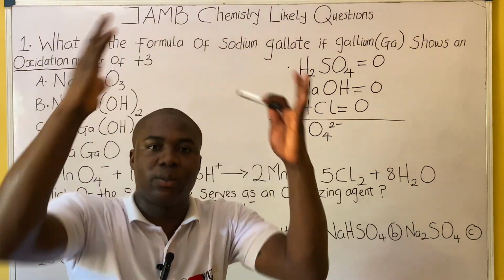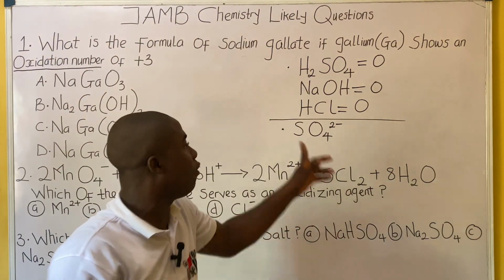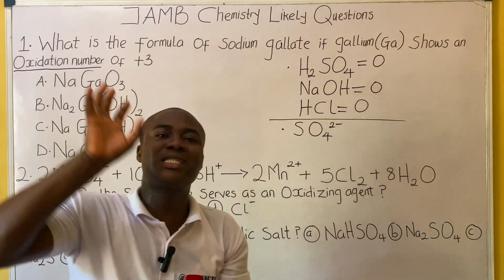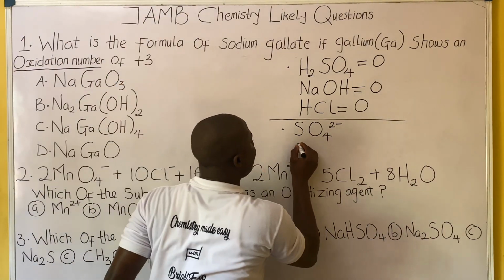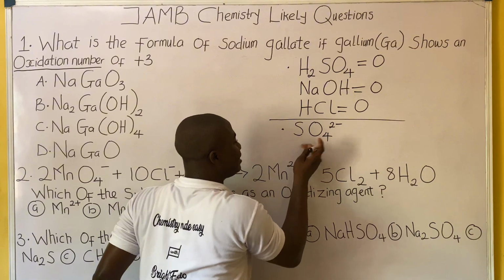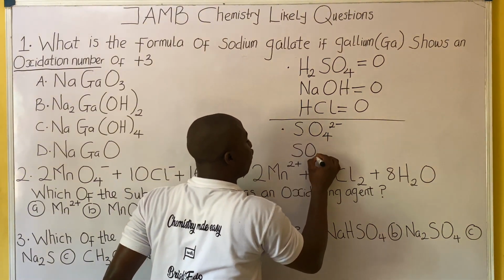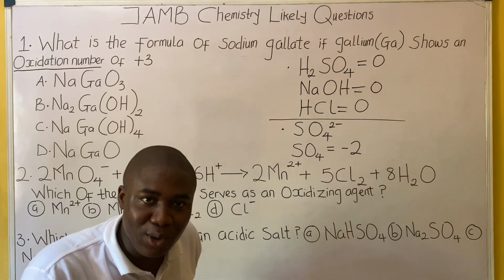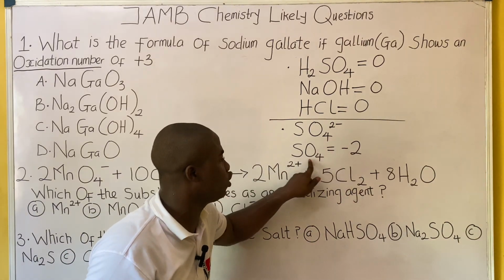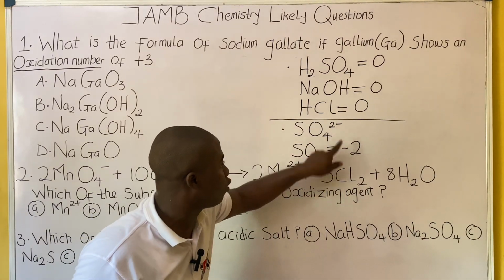And what is the algebraic sum of the oxidation numbers of all elements in a radical? It is simply equal to the charge on the radical. So you simply rewrite this: the sum for SO4 is equal to -2. Because the algebraic sum of the oxidation numbers in this radical is equal to the charge.